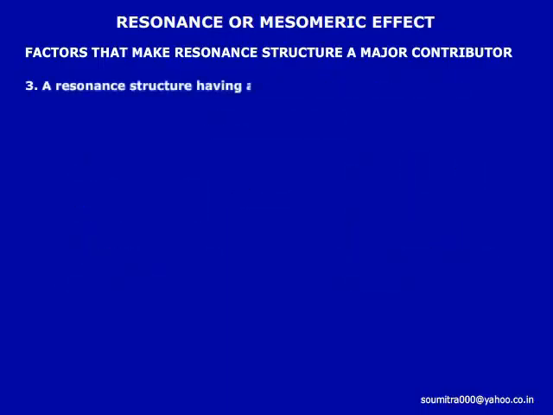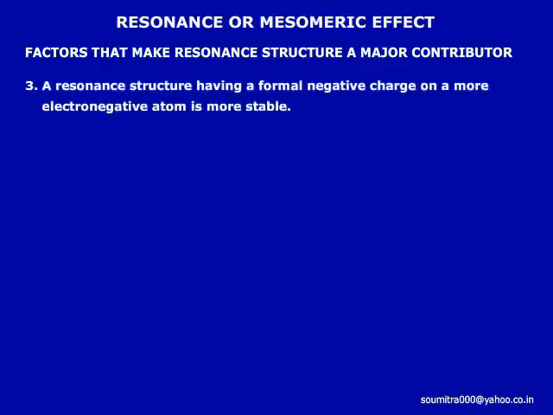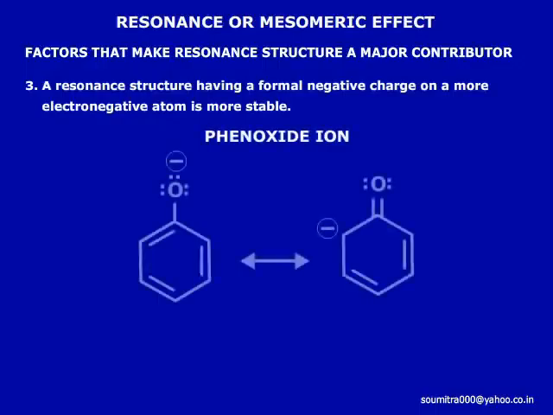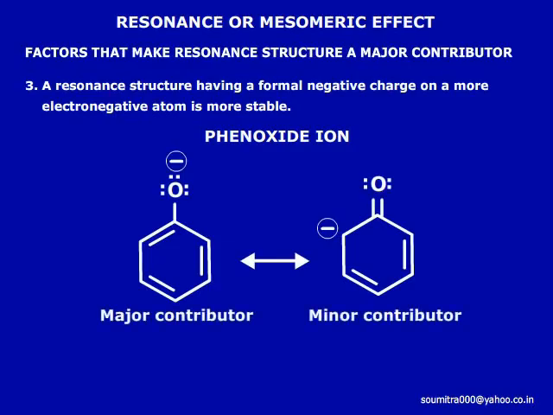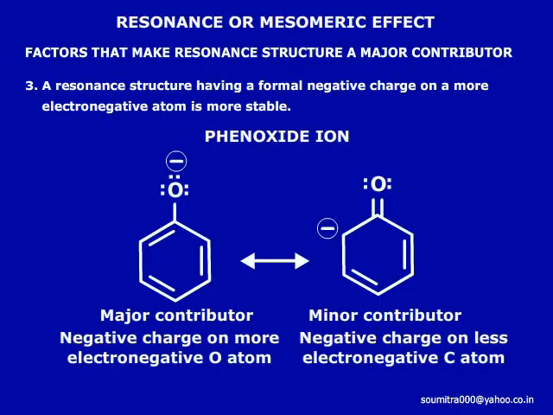A resonance structure having a formal negative charge on a more electronegative atom is more stable. Example, in phenoxide ion, we have these two structures. The structure 2 is less stable than structure 1 because in structure 1 the formal negative charge is on oxygen, which is more electronegative than carbon.